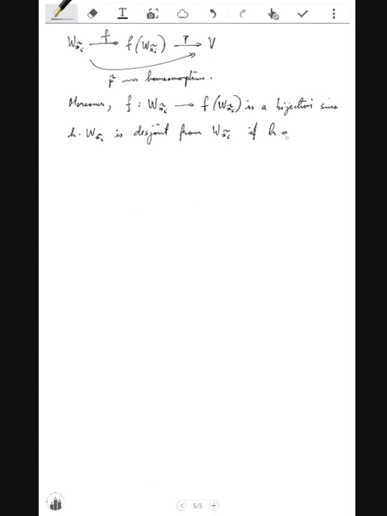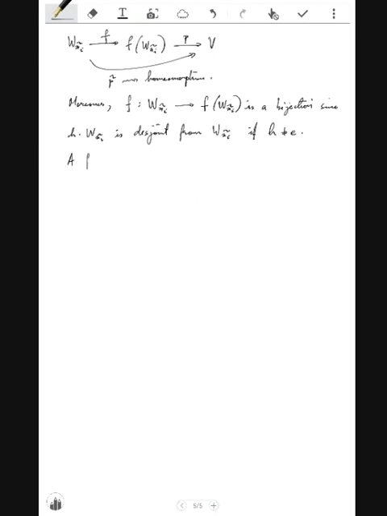And moreover, f from W x_i tilde to f of W x_i tilde is a bijection, since h dot W x_i tilde is disjoint from W x_i tilde if h is not equal to the identity.